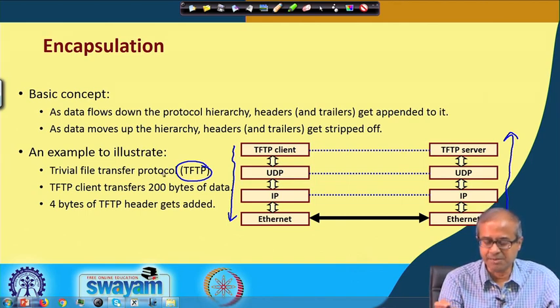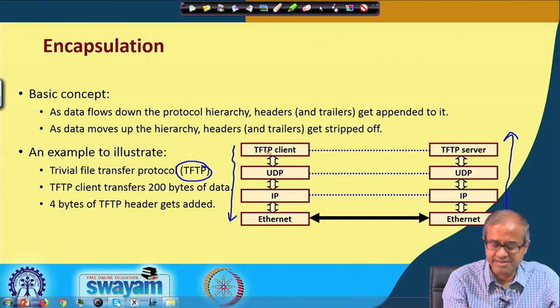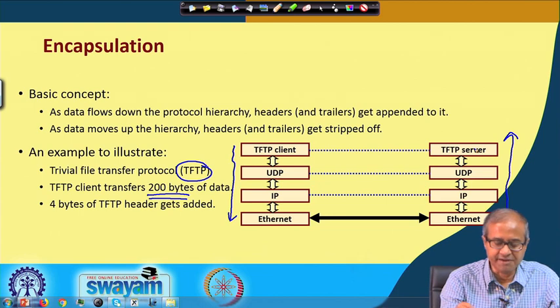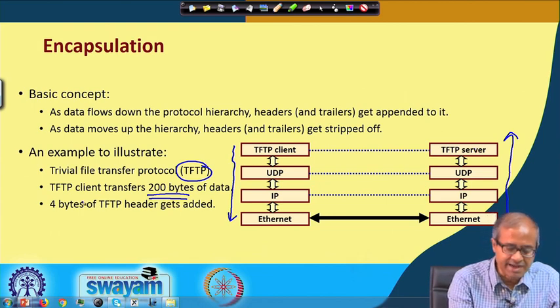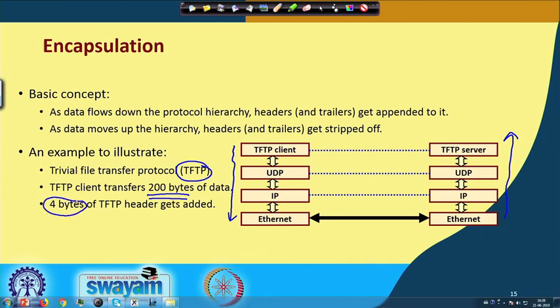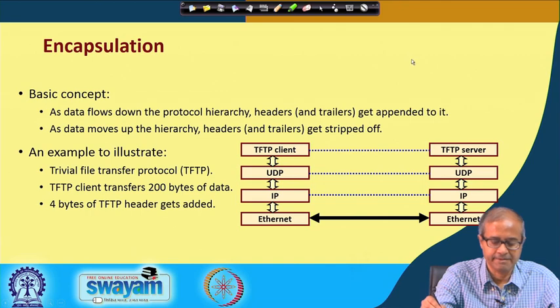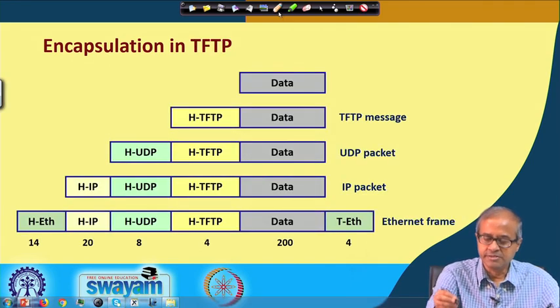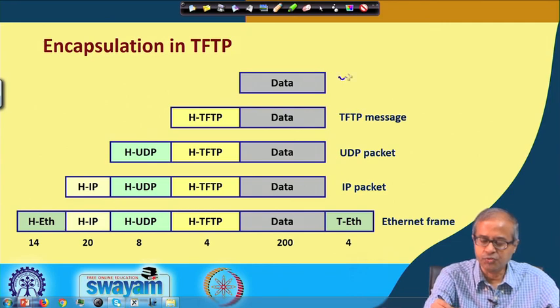As an example, I am assuming that there is a TFTP client, a program which is trying to send 200 bytes of data to a TFTP server. For the TFTP protocol, the header is 4 bytes, that is defined. With this assumption, let us see. This is the data which you want to send.